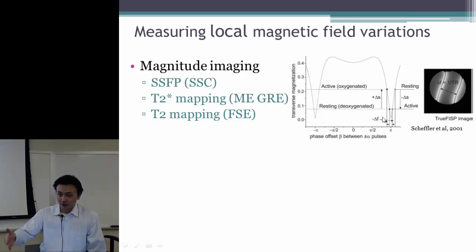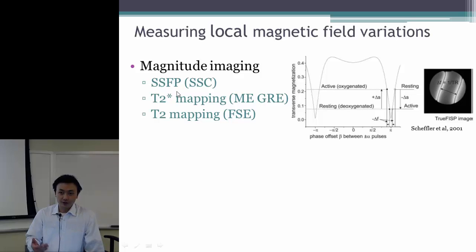So this is on a periodic basis. We know that along this black line, they will all have the same frequency. So here we can see that the global field variation has this shape along this. So this is one way to estimate the local magnetic field variations using the SSFP.